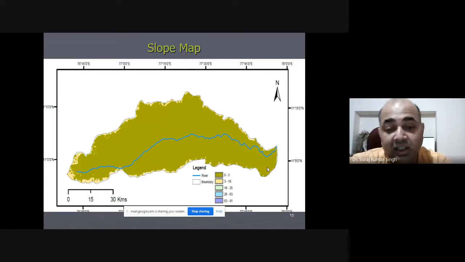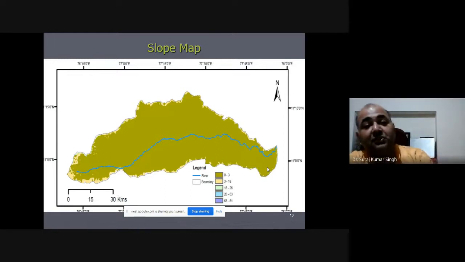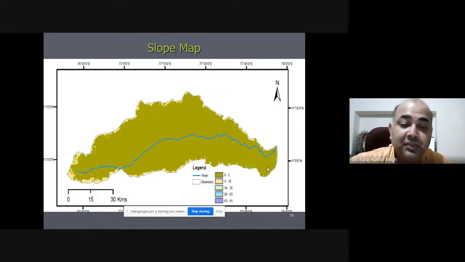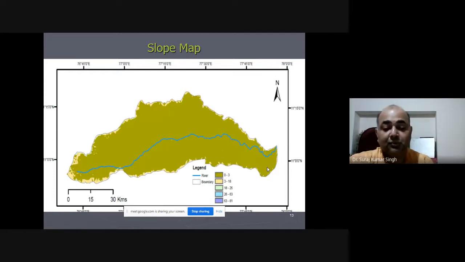You can create the surface topography of that area, and that has got 100% precision in terms of location, exaggeration, and accuracy. So those maps can be used for creation of slope map in that area.